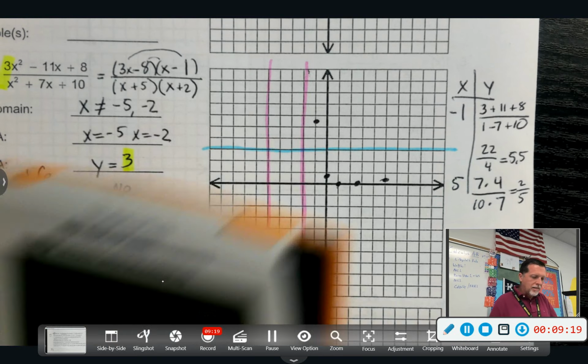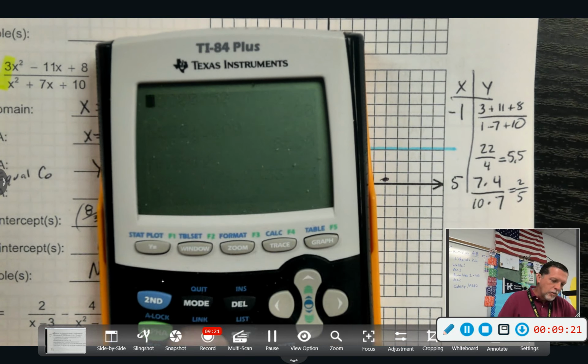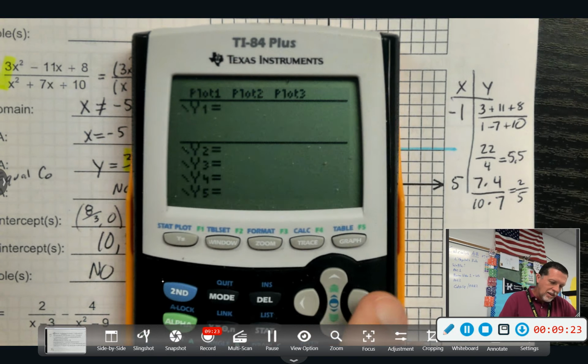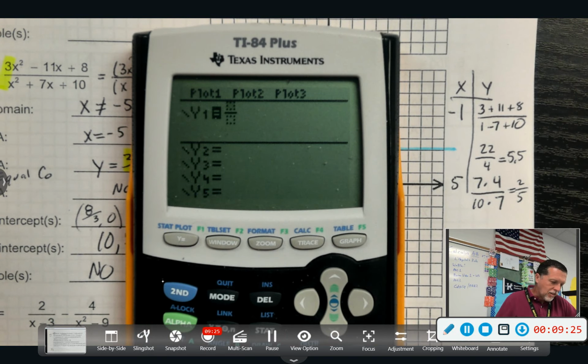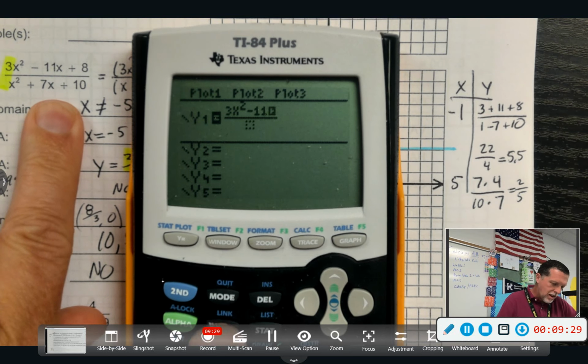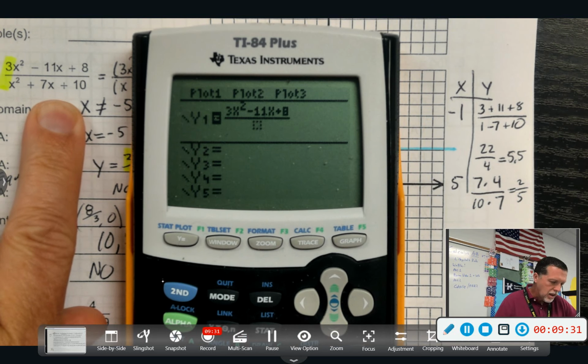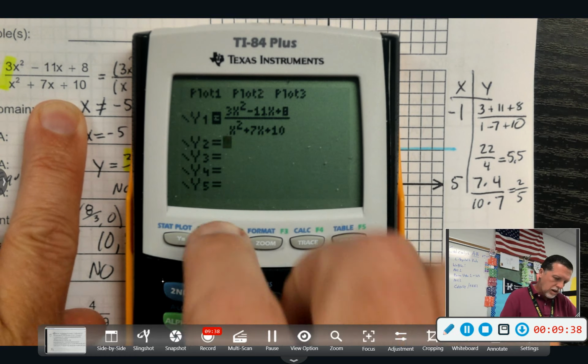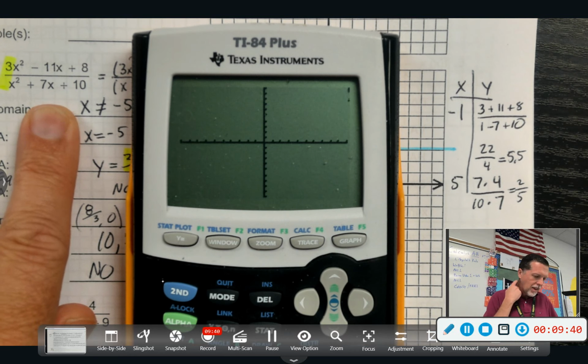I'm bailing out. Calling in the calculator. You won't have a calculator on the test, but just this one's so awful. I feel like I've done something wrong. X squared plus 7x plus 10. Let's see.